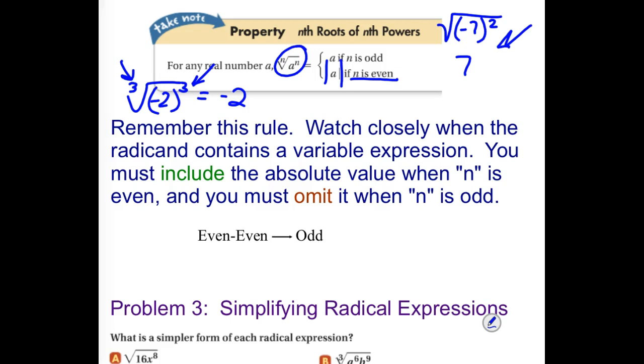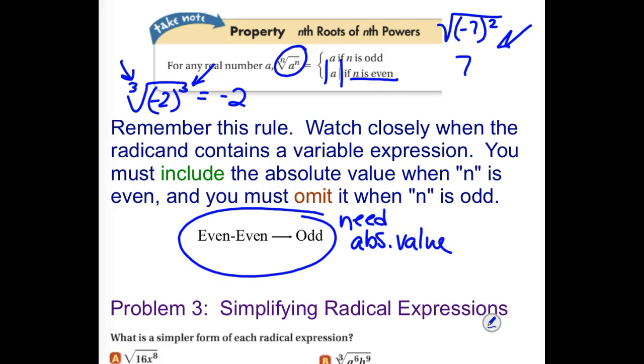So this picky detail, we have you remember as even, even, odd. Okay? Say that out loud. Even, even, odd. If you have even, even, odd, you need absolute value bars. Okay? Write that down. Even, even, odd. You are going to need absolute value bars.